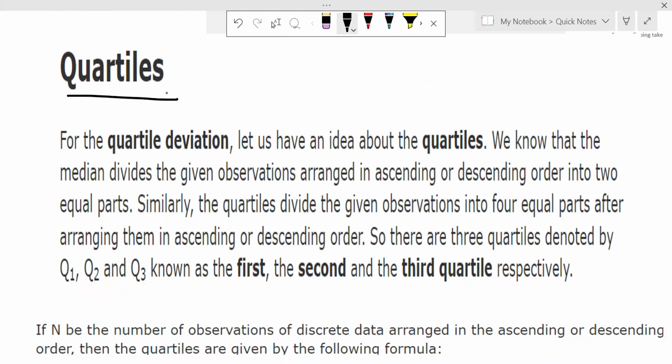We know that the median divides the given observations, arranged in ascending or descending order, into two equal parts.